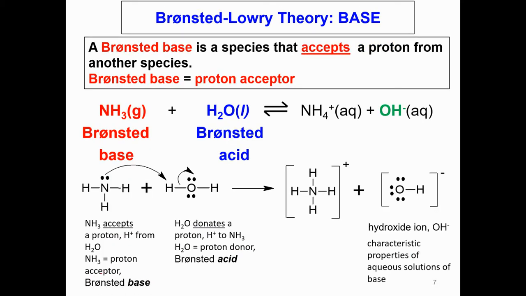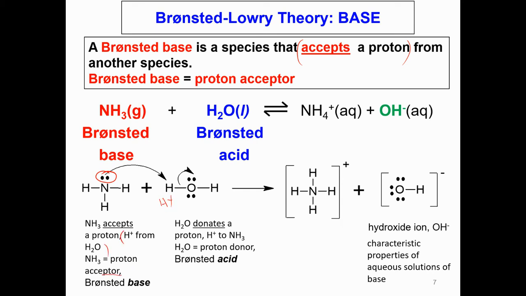Now let's look at another one. A Bronsted base is a species that accepts a proton from another species, so a Bronsted base is a proton acceptor. Now let's look at what happened. We have one lone pair, so it will accept one proton from H2O.